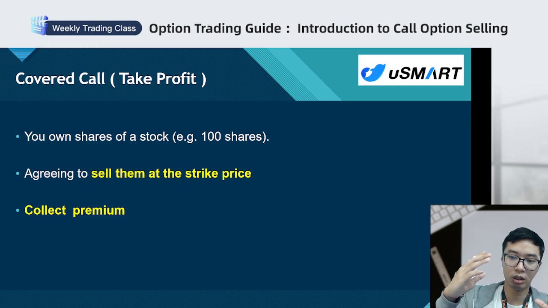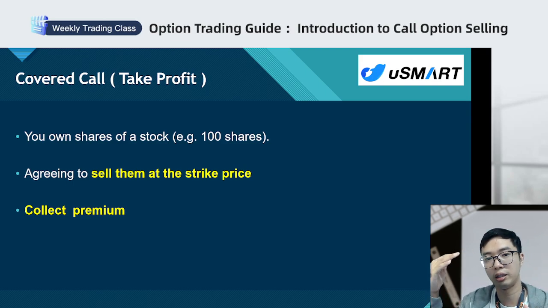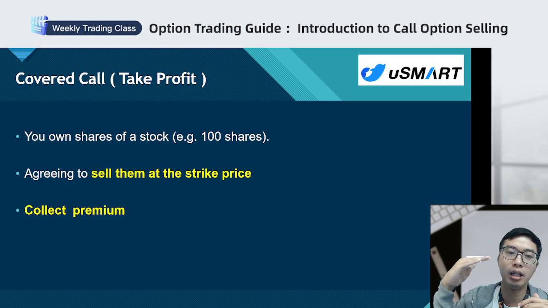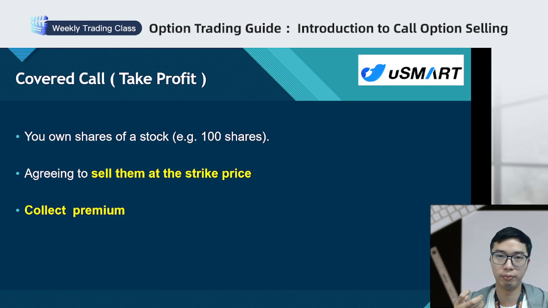While waiting for the price to go from 100 to 300 to achieve our target, we can keep selling the calls at 300. As long as the price is below the strike price, we can keep on getting the premium.